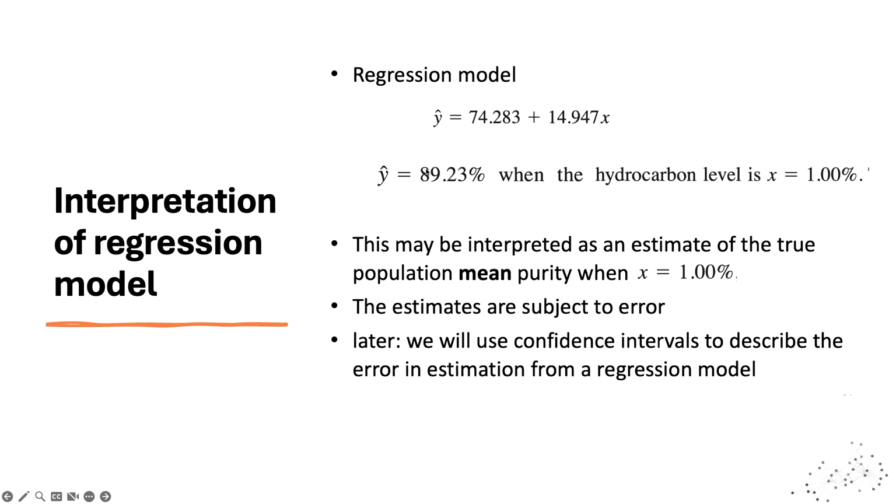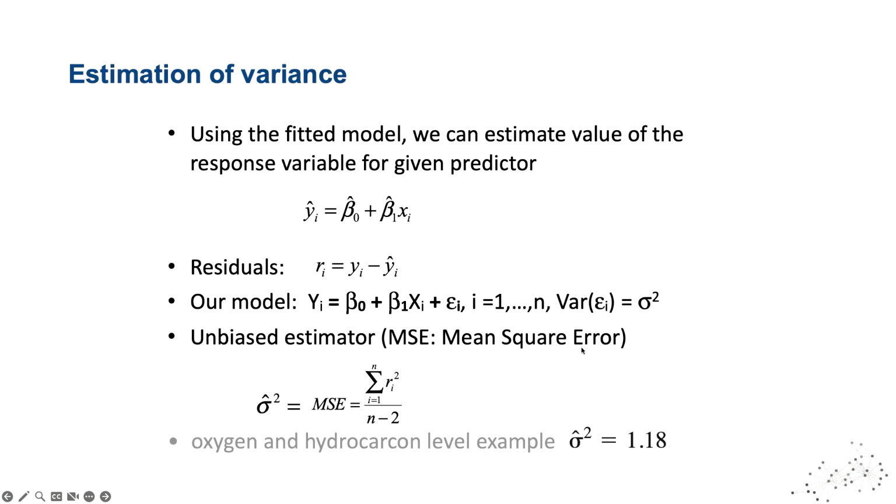As you can see, when Y is 89.23%, then the hydrocarbon level is X1, which is mean purity equal to 1%. So there might exist some error, and we might also tolerate this error. Here is how we can create an unbiased estimator. It means we take into account errors that can be missed in our previous estimation.